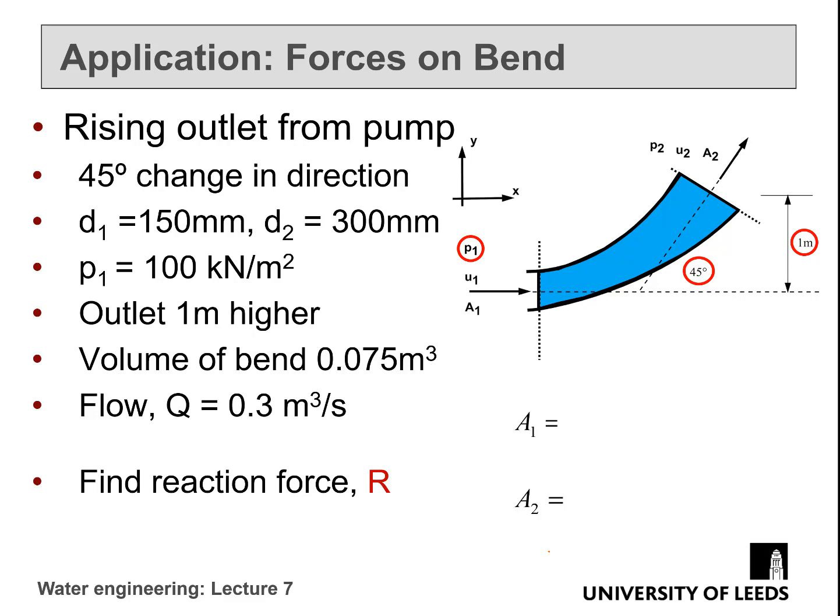Okay, right. It's often useful to calculate the areas and the velocities at the inlet and outlet right at the beginning of the calculation, because you're going to use them throughout the calculation. I've calculated the first area, 0.0177 meters squared, and the second area is 0.0707 meters squared.